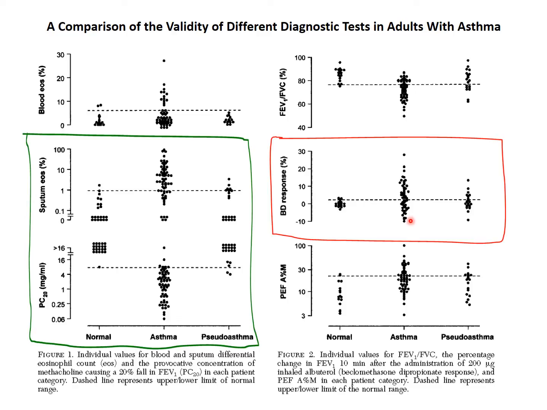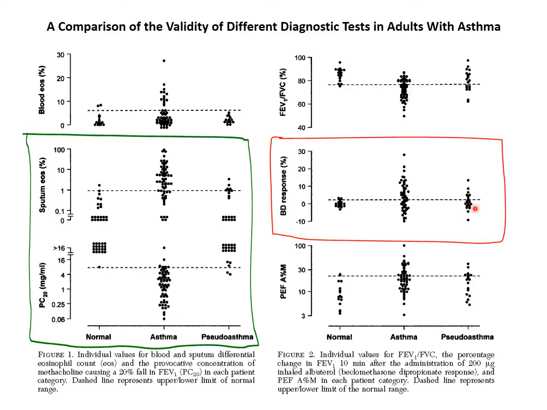Our asthmatics, look at the scatter. Some of them had a negative response, some of them less than 0, so they actually went down. Probably half were over the 7%, and a few very positive ones. But a massive scatter across that definition there.